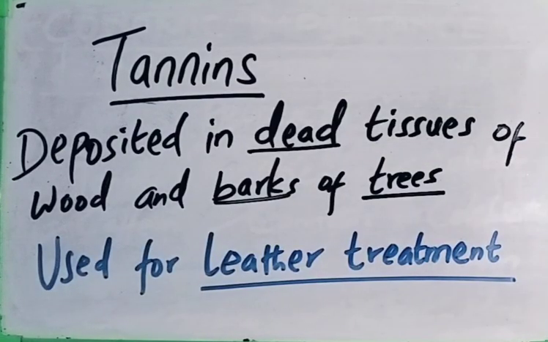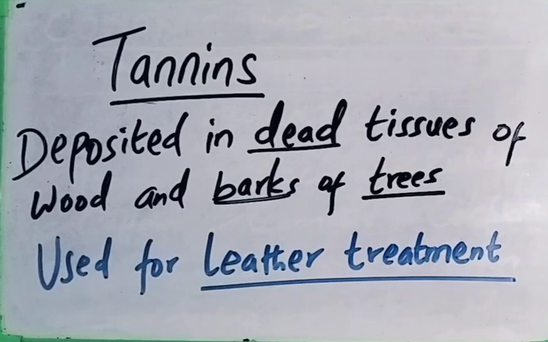Tannins. Tannins are deposited in dead tissues of wood and barks of trees. That is where you can find it, and then it is used for leather treatment. What do we mean by leather treatment? For example, animal skin is converted into leather by this chemical.